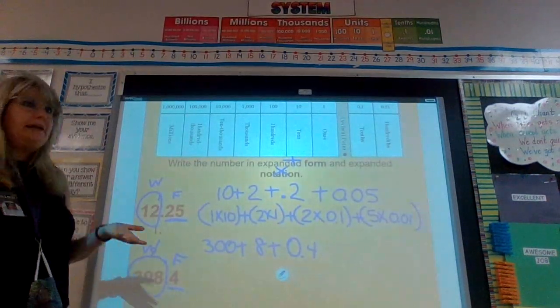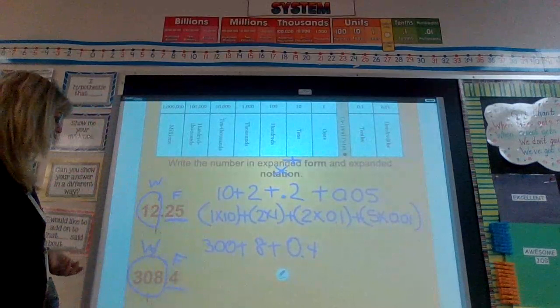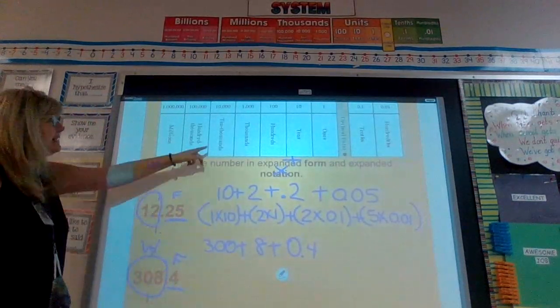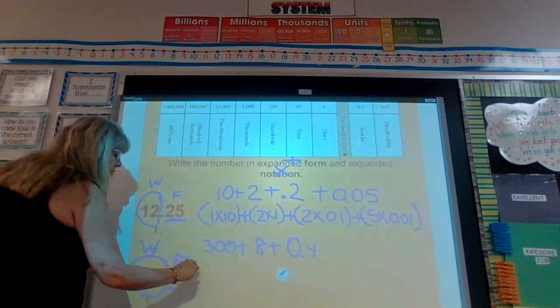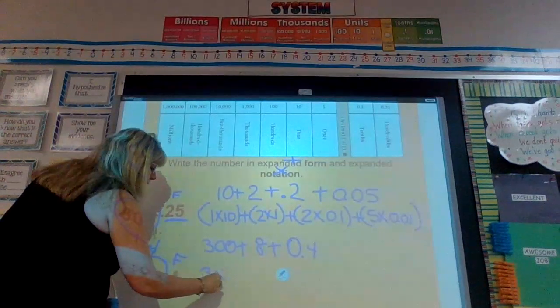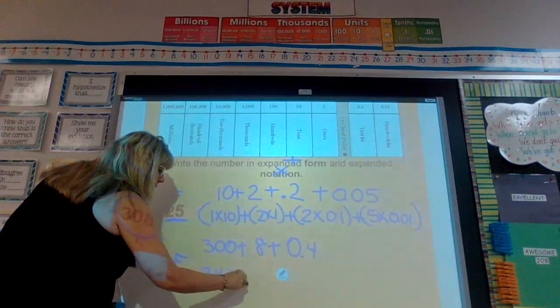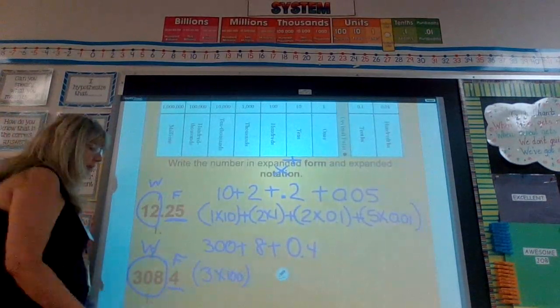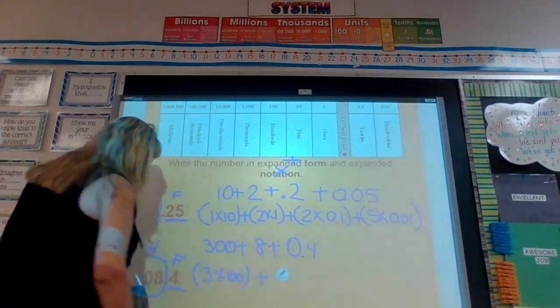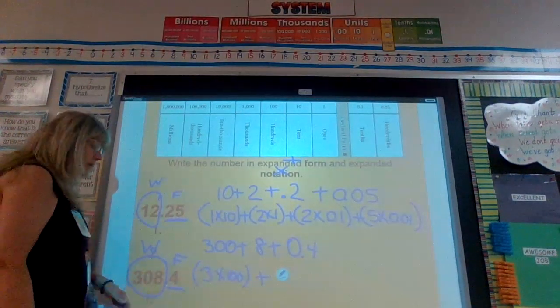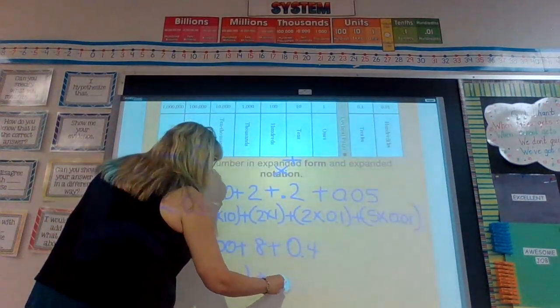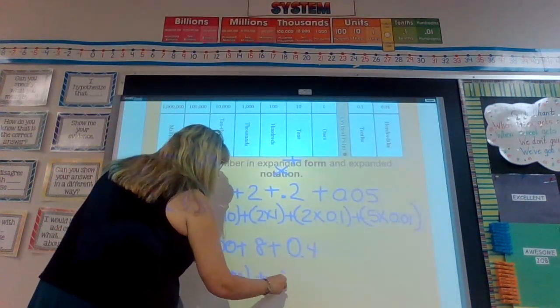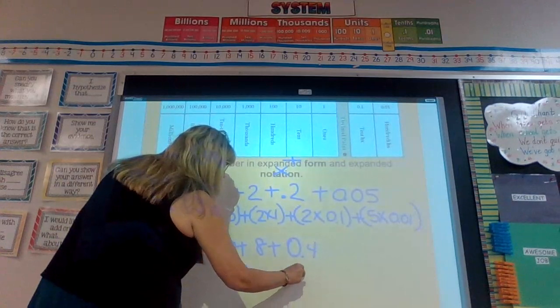Okay, expanded notation. I'm going to go back and do the same thing. That 3 is in the hundreds place, so I'm going to say 3 times 100. I like the parentheses because it keeps everything together. 3 times 100 plus, that 8 is in the ones place, 8 times 1.